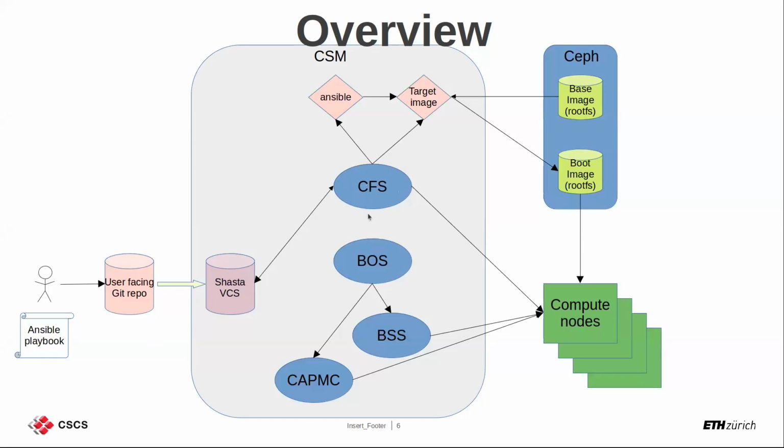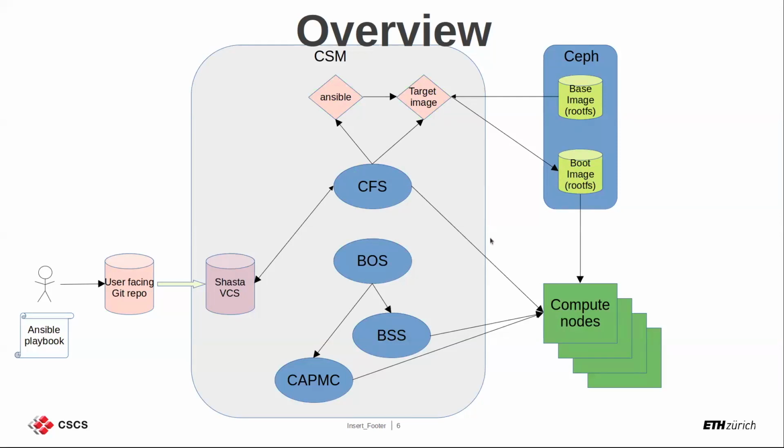Okay, so on the CFS here, if you want to build an image, basically it's going to spawn two containers. One is the one running the Ansible. The other one is going to be a base image that you define that is stored in the Ceph cluster. And once it finishes, it's going to do what I'm calling here a boot image.